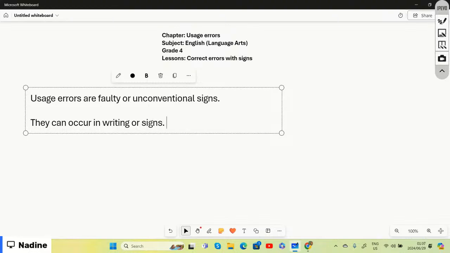It can be signs on the wall, signs on the board, signs that you see in the streets when you get to the traffic lights. Those are all of the signs that you will see. But especially the signs that you notice or already know of, you will be able to see what the usage errors are within those signs.